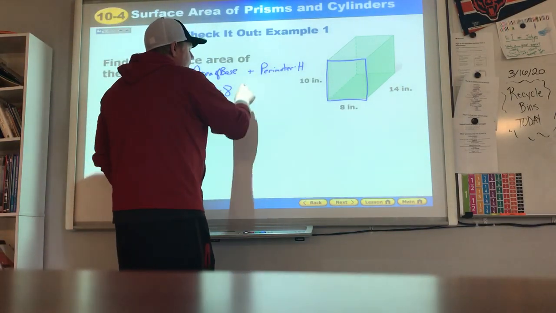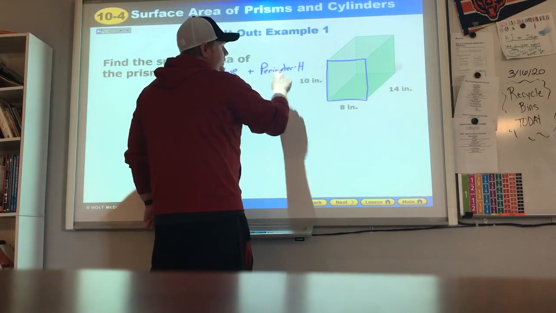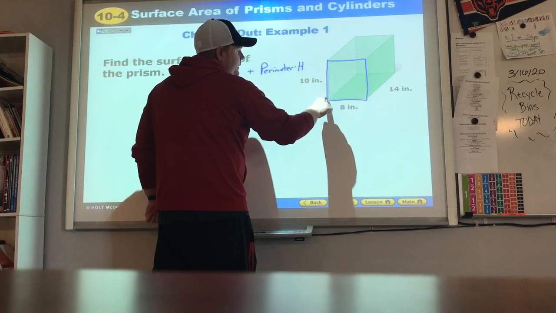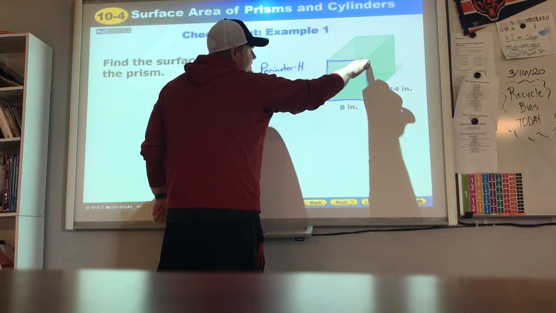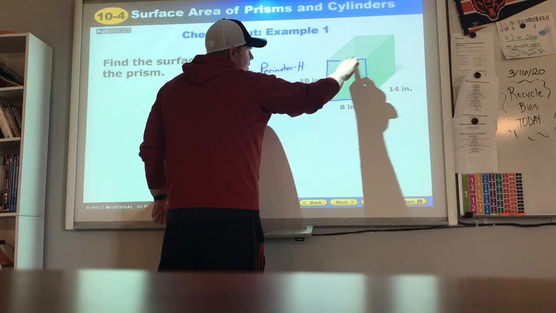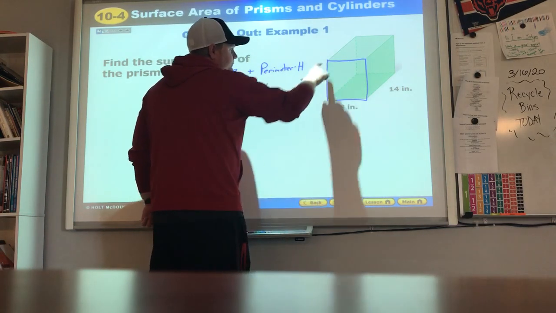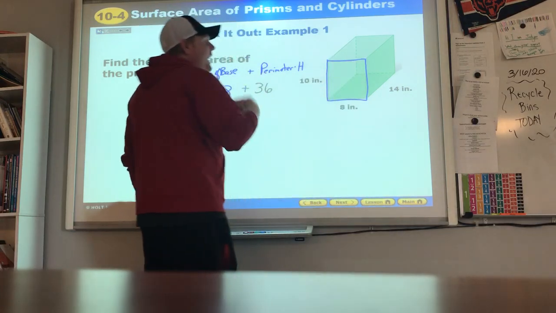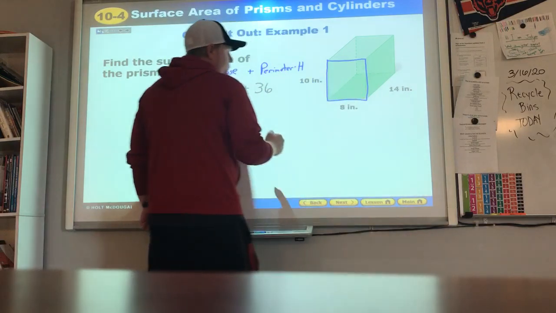All right? The next part we focus on. We focus on finding the perimeter of the bottom. 10 plus 8 is 18, plus 10 is 28, plus 8 is 36 for the perimeter. And we take that times the height, which is the distance between the two bases.